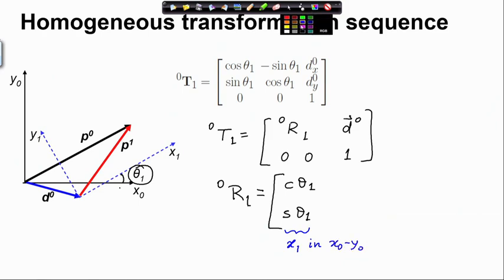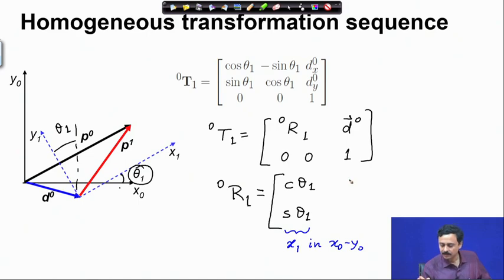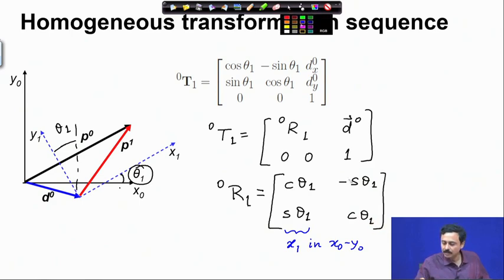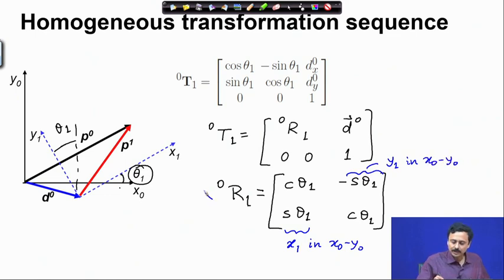The second column should represent y1 in x0 y0. If this angle is theta 1, therefore this must be minus sine theta 1, cosine theta 1. So, this second column is nothing but the representation of y1 in x0 y0 and that is what I have written in this.